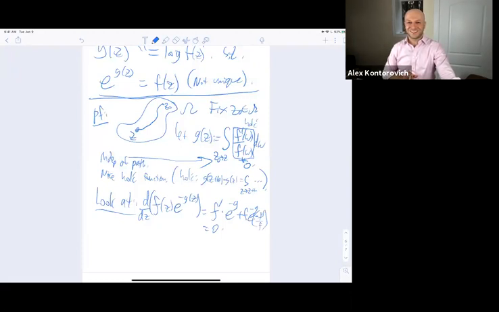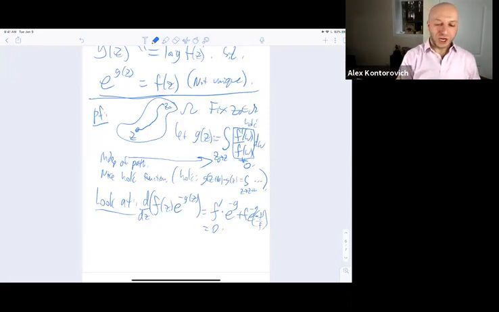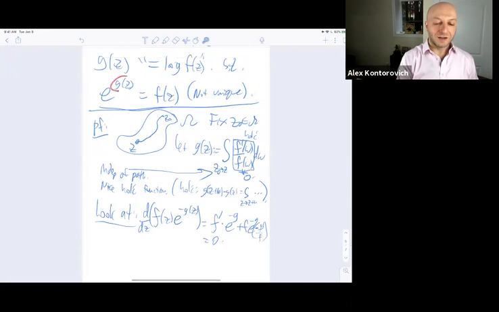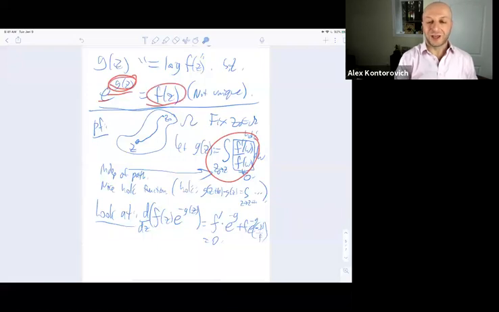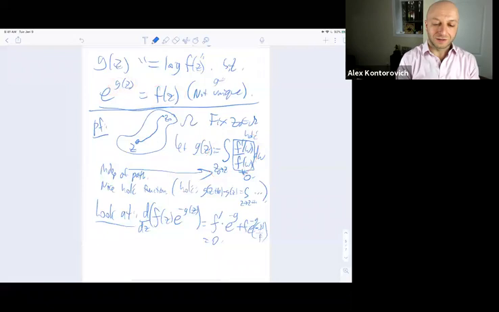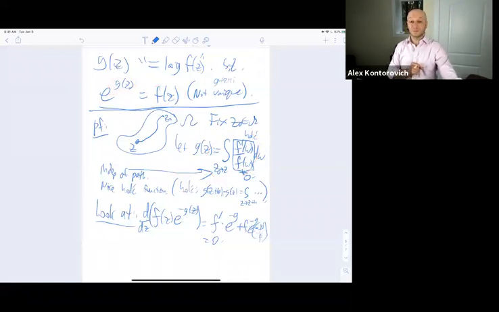So where does the non-uniqueness come in? If I change g by 2 pi i, if I add 2 pi i to it, e to that function will still be f. Is there a way in which we seem to have chosen the logarithmic derivative uniquely?